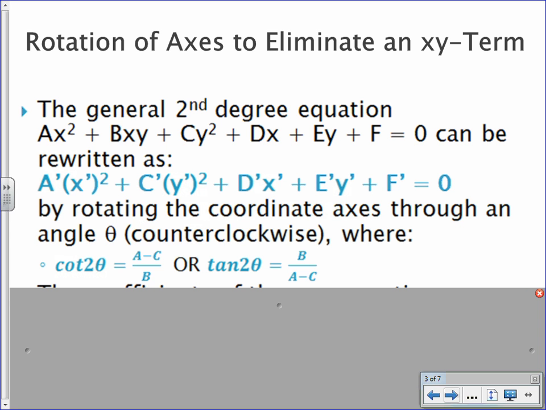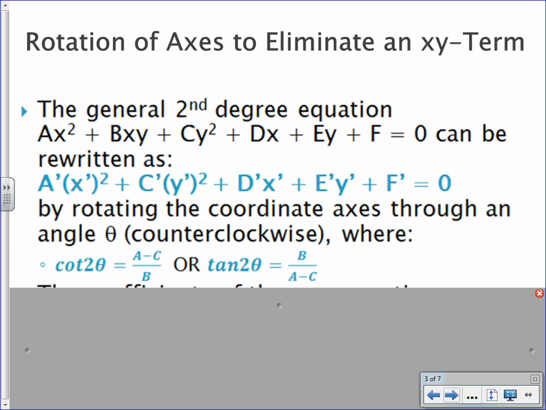Now, there are going to be lots of angles that satisfy this equation. Do you agree? Because our unit circle repeats over and over. We are always going to rotate the closest angle counterclockwise. So if we have the tangent is radical 3, then we're going to choose pi over 3, not 4 pi over 3.